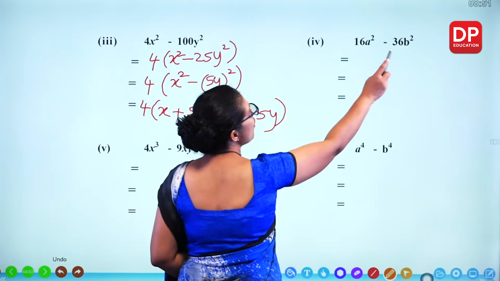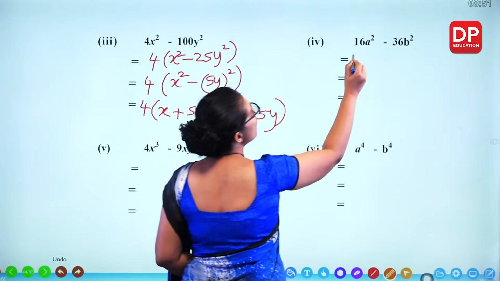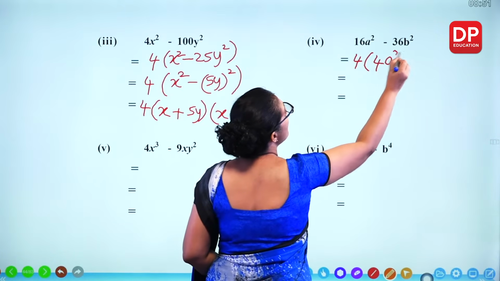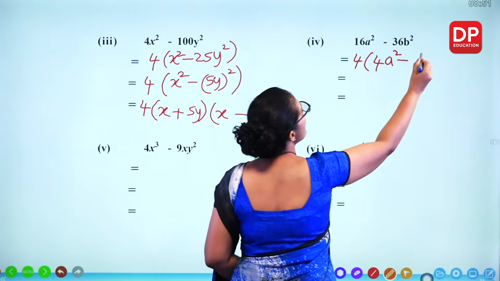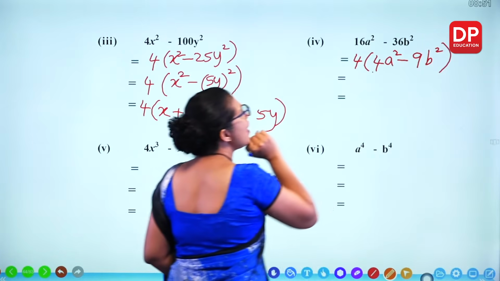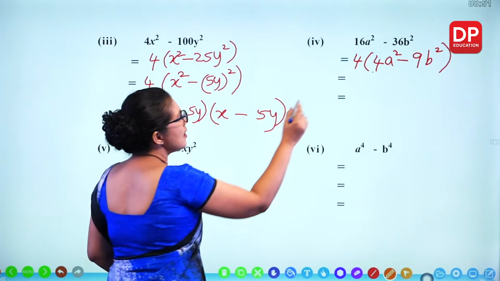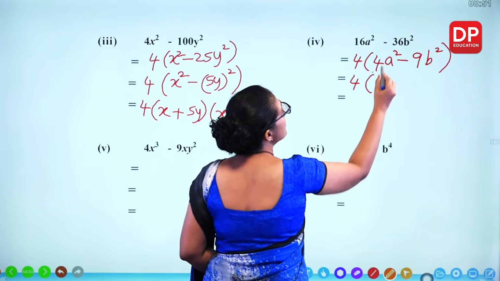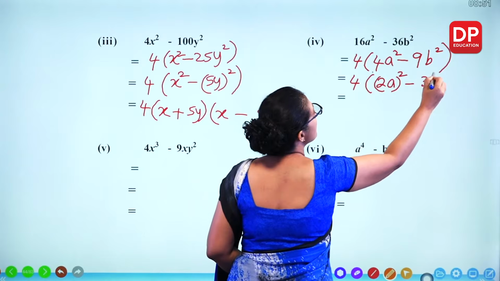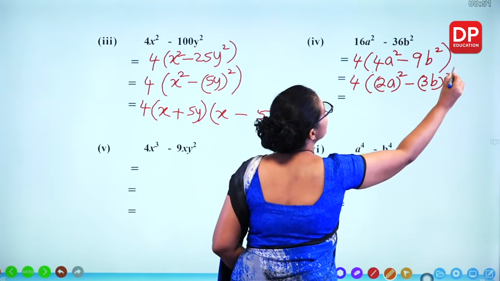In this one, what's common? I can take 4 out. When you take 4 out, that's 4a squared minus 4 times 9, 9b squared. Now 4 and 9 both are square terms. I can write this as 2a whole thing squared and this one as 3b whole thing squared.